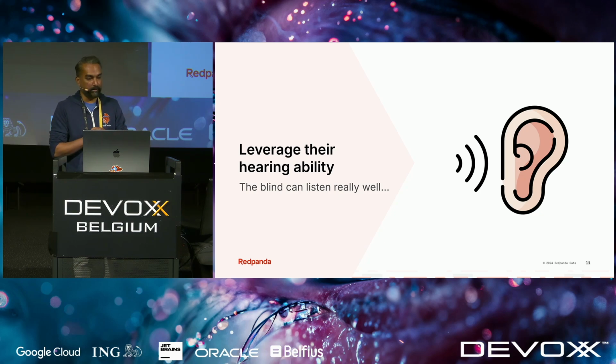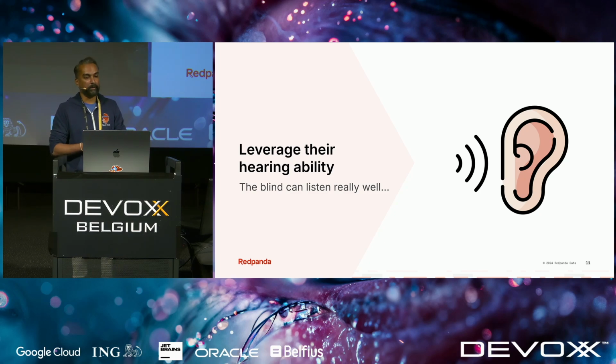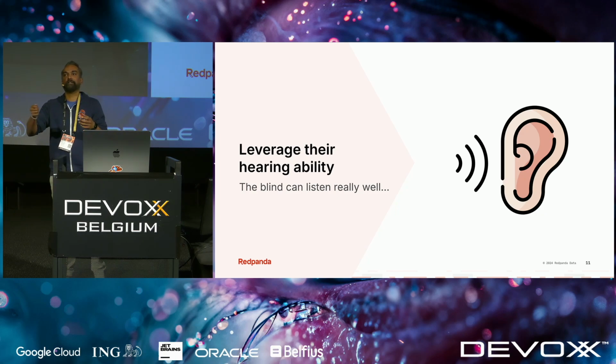First thing is the device must be able to speak back to the user, because based on studies and researchers, it's known that blind people can hear really well. They have enhanced audio cognition capability. If you happen to see a blind person, they use this walking stick, right? When they walk, they use this white cane.